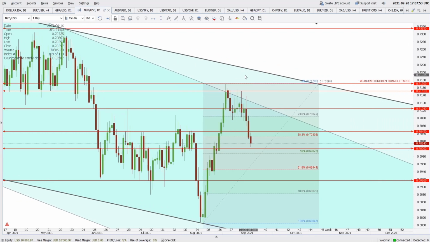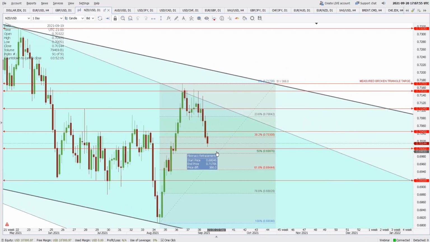Talking about the New Zealand dollar, this is the level actually we are looking for, that is 0.6987, which is the exact 50% of this rise here.